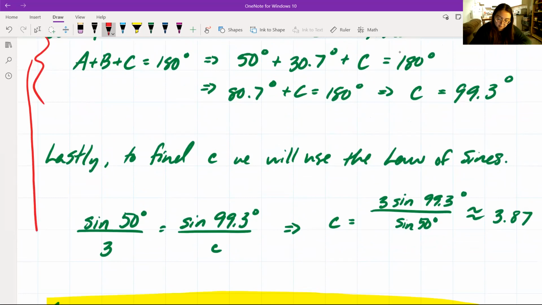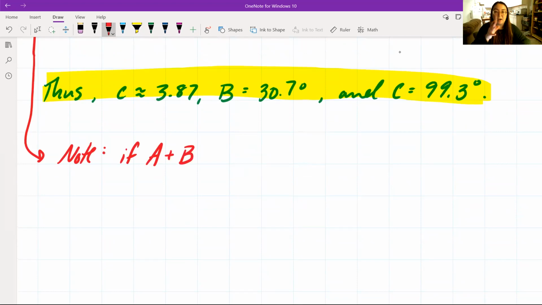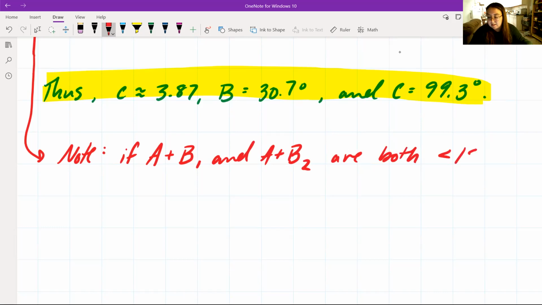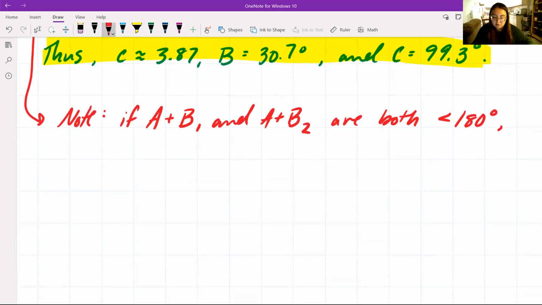We're going to say that if A plus B sub 1 and A plus B sub 2 are both less than 180 degrees, so if whatever you found for the values of B1 and B2, if you add those values to A, they're both less than 180 degrees, then there would be two triangles.